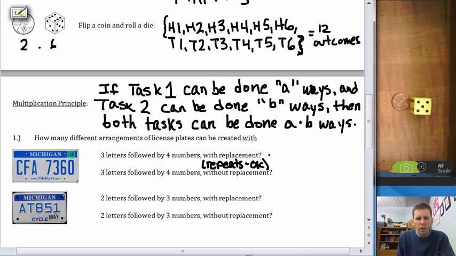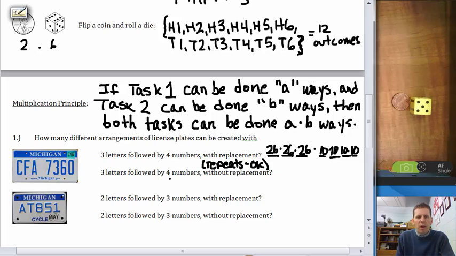If you start with 3 letters, there are 26 letters of the alphabet, so you could choose any of 26 letters for each of these first 3 characters. Then for digits, you could use the numbers 0 through 9. There's 10 numbers altogether, so for each number you have your choice of 10 different digits. So we're going to be multiplying 26 cubed times 10 to the 4th power and getting a value there.